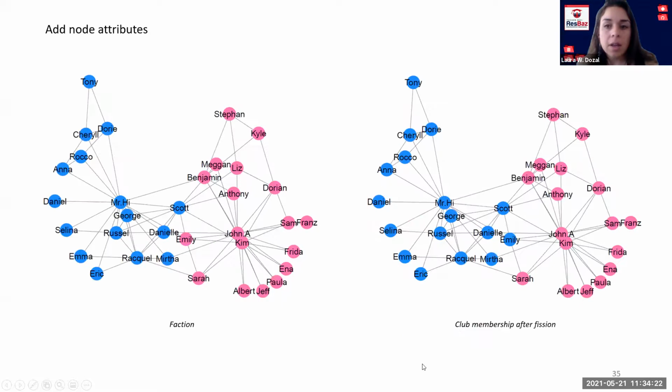And here initially is the faction, and then I guess club membership after, after the two years had passed and how ideology might have changed, and it only changed for one actor.